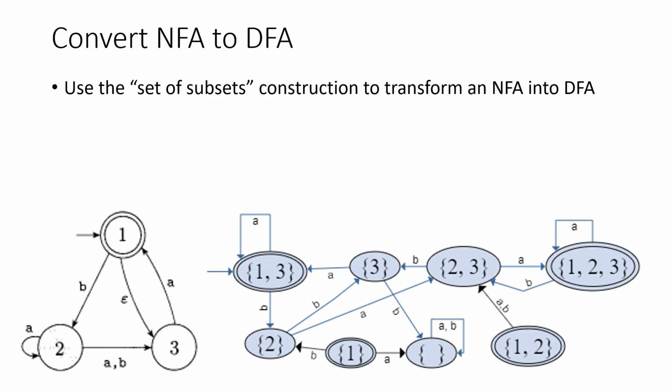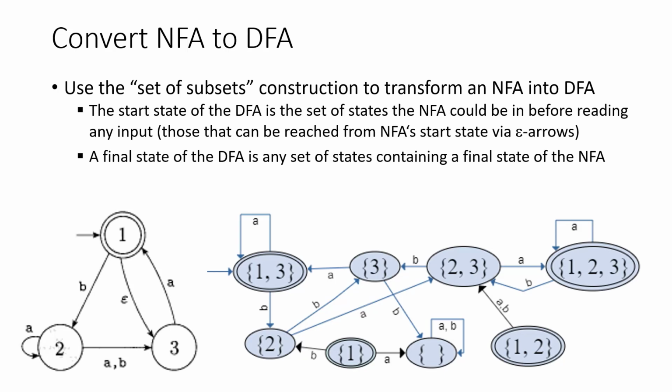We have identified the states and transitions of the equivalent DFA converted from an NFA. We still need to identify the start state and the final states of the DFA.